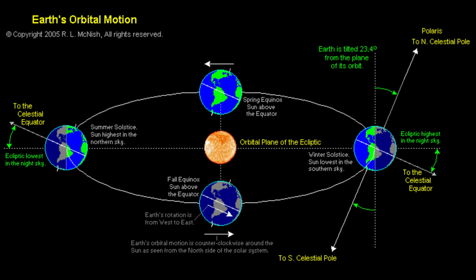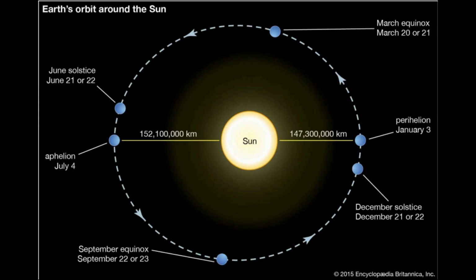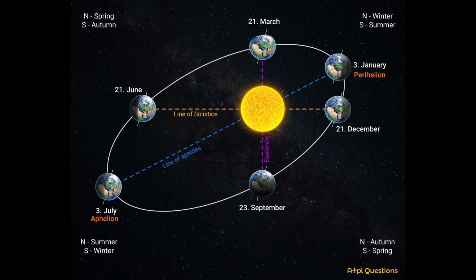The length of the apparent solar day changes from day to day due to a couple of factors. Firstly, the Earth's orbit around the Sun is an ellipse rather than a perfect circle, which means that the distance between the Earth and the Sun varies throughout the year. For example, in January, the Earth is closest to the Sun, whereas in July, it is furthest away.